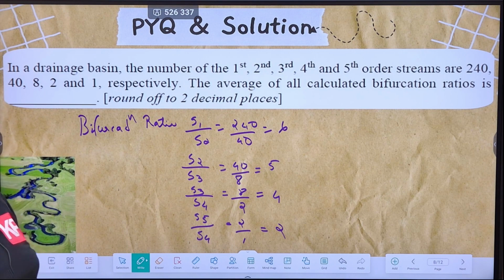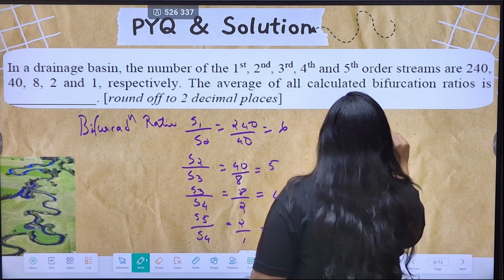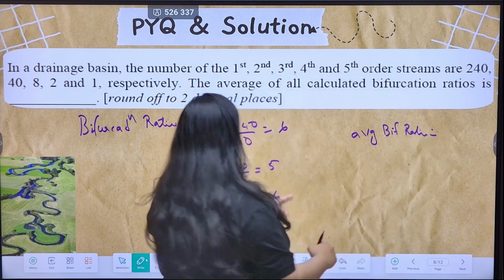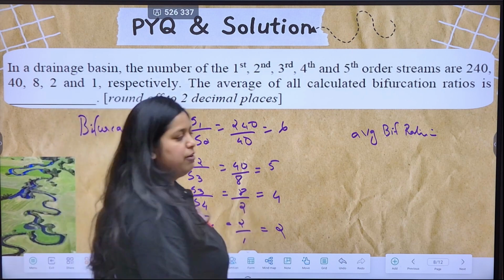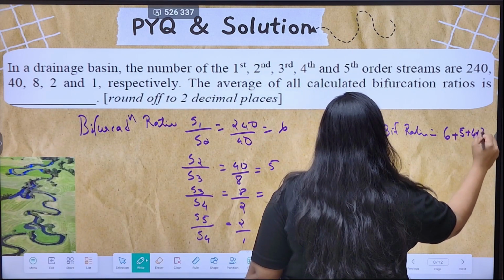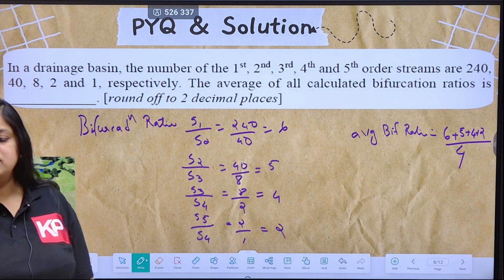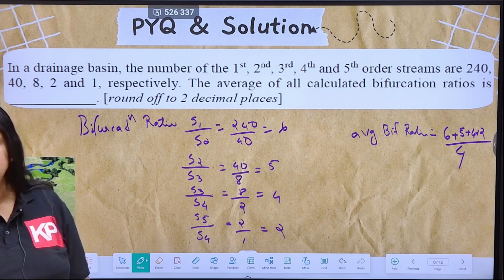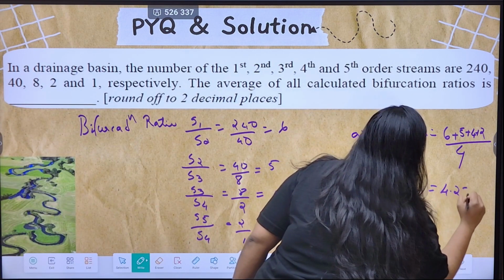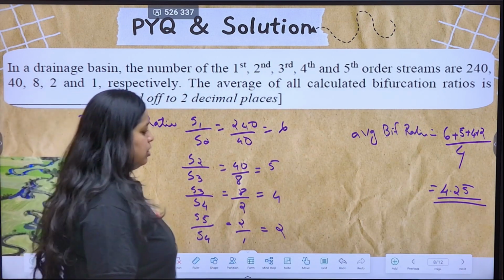Now we need to calculate the average bifurcation ratio, just the average of all these values. So the average will be (6 plus 5 plus 4 plus 2) divided by 4, which is equal to 4.25. Easy question, very easy. Now moving to the next one.